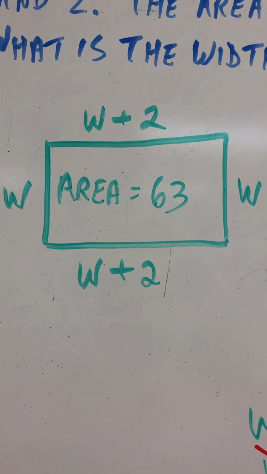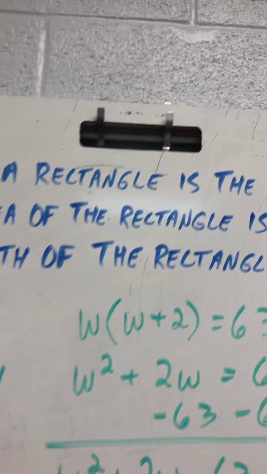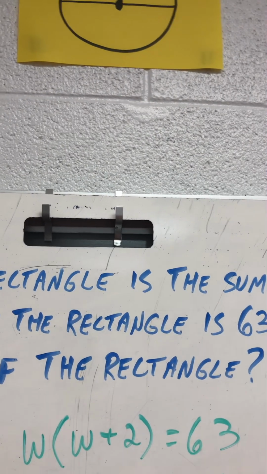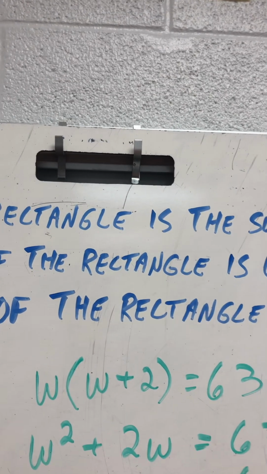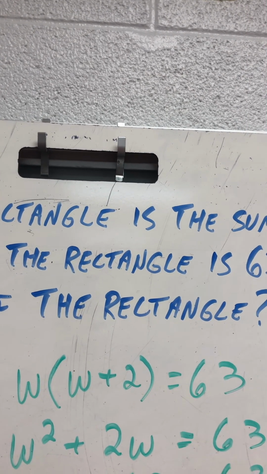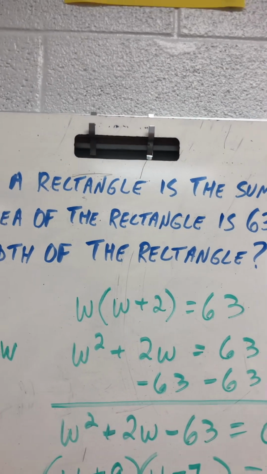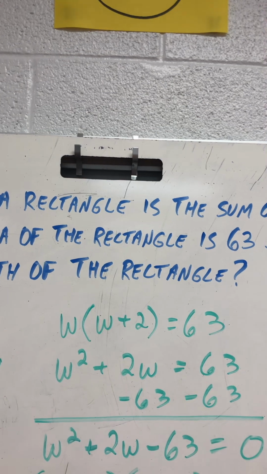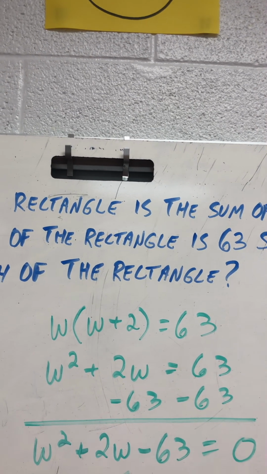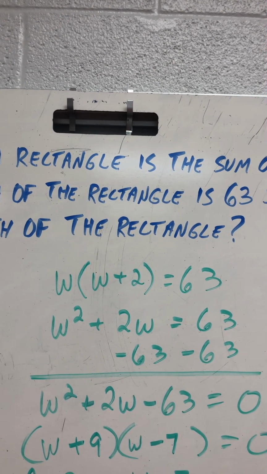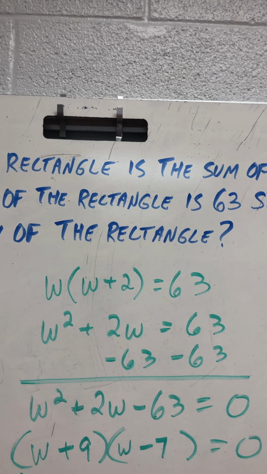Area is 63. Okay. W times W plus 2 equals 63. W squared plus 2W equals 63, minus 63 from both sides. W squared plus 2W minus 63 equals 0. W plus 9 times W minus 7 equals 0.